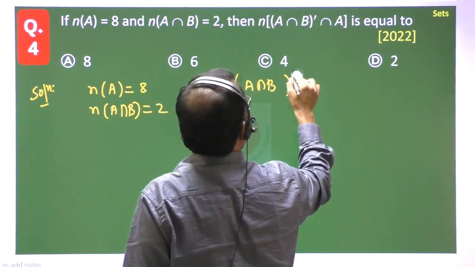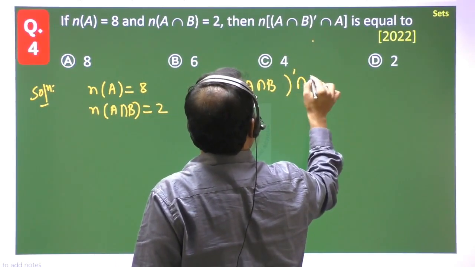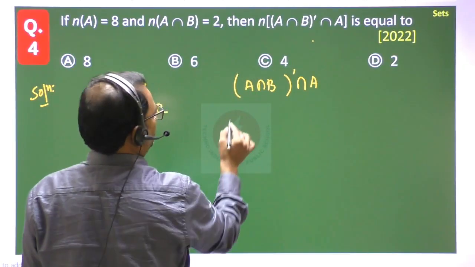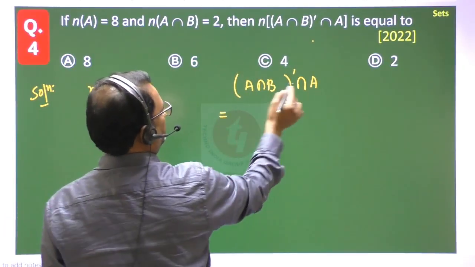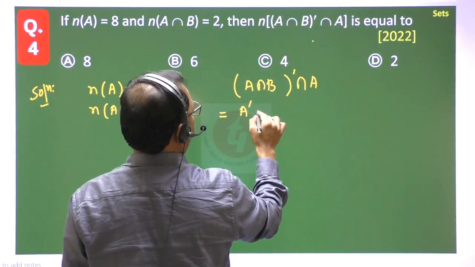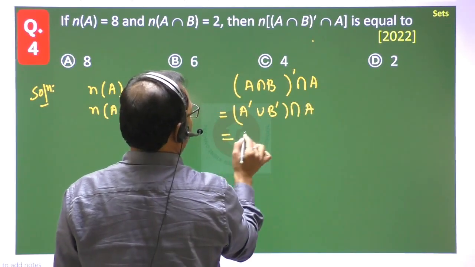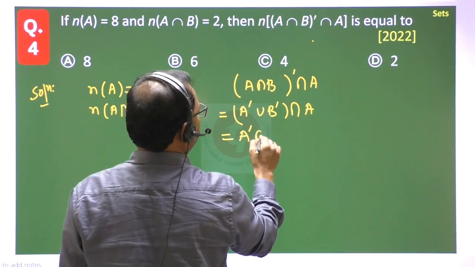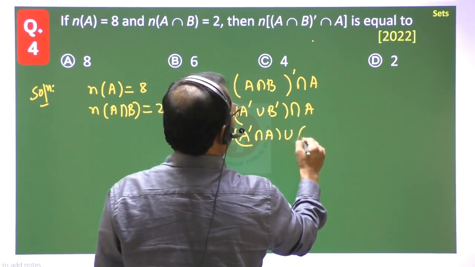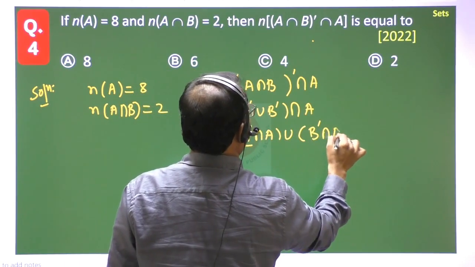Now outside is complement, then one A is here. So what we have, A intersection B complement is A complement union B complement. Then we have intersection. So now it is A complement intersection A, then we have union B complement intersection A.